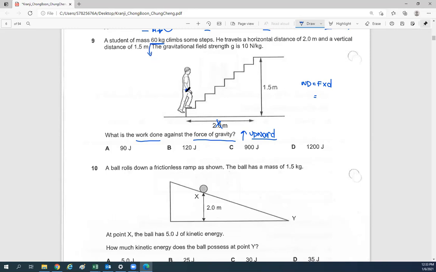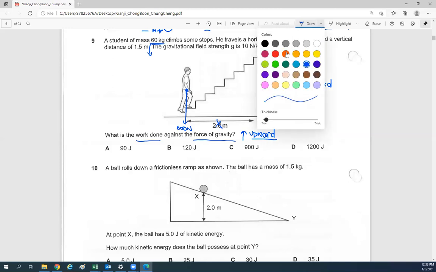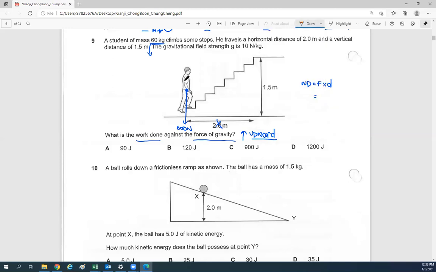So therefore, if his mass is 60, his weight must be 600 Newton. And if the downward force is 600 Newton, that means in order to lift himself up, the upward force must be at least also 600 Newton. So this is the upward force he has to exert to move his body up. So therefore, it is 600 Newton.